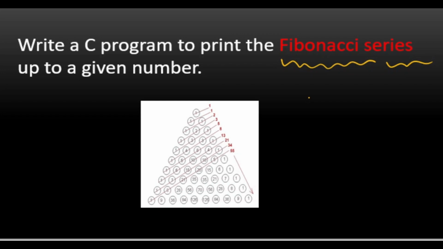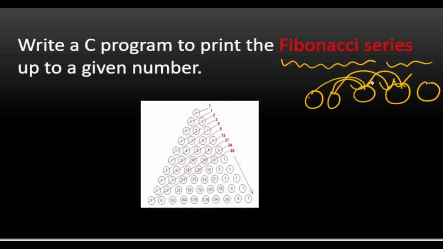The Fibonacci series is nothing but a term which is equal to the sum of its previous two terms. And what is this term? Sum of its previous two terms. And what is this term? Sum of its previous two terms.